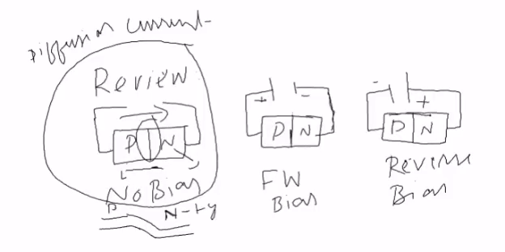The I drift is known as drift current, the current due to the minority carriers. So when you do not apply any bias voltage, the I diffusion of electrons is equal to the I drift of minority carriers.